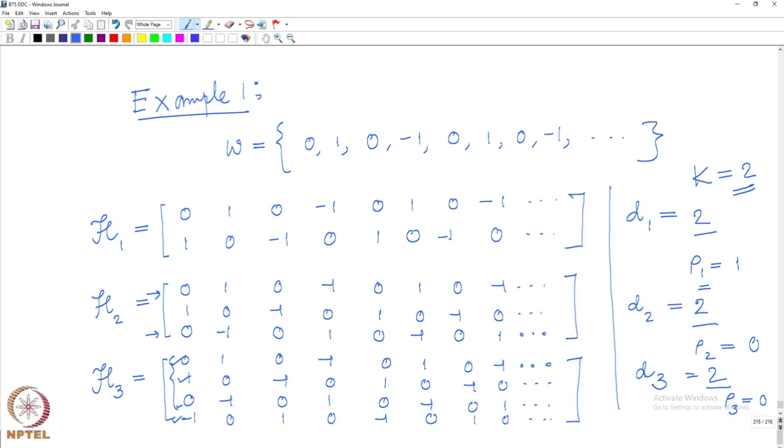So, that means starting from rho 2 onwards, rho 3 is equal to rho 2, rho 4 is equal to rho 3, and so on. So, my capital K is equal to 2 in this case. Okay.